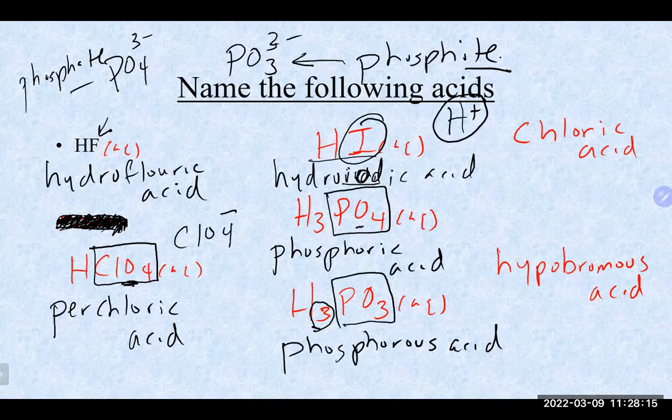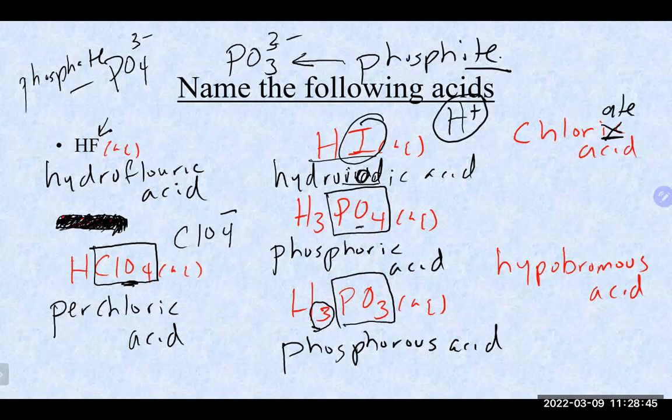I see chloric acid. I do not see hydro in the name, which tells me it does contain oxygen, and therefore a polyatomic ion. I see that the acid ends in ic, which means my polyatomic ion should end in ate. You could just get rid of the ic and put ate, and you see chlorate. That would be the negative guy.